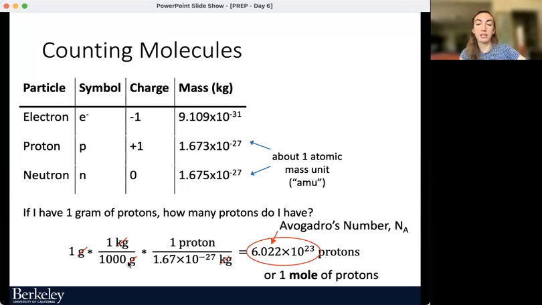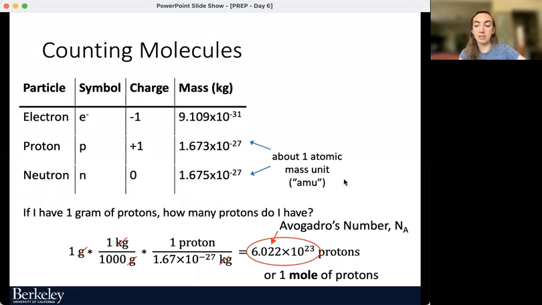So what I would actually plug into my calculator is 1 times 1 over 1,000 times 1 over 1.67 times 10 to the minus 27. So I'm just setting up these fractions to get my units to cancel out, and then just plugging the math into my calculator.